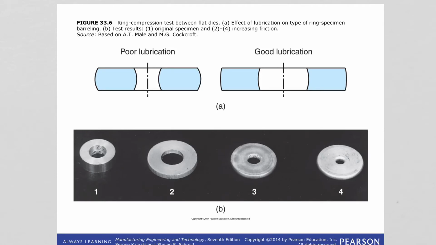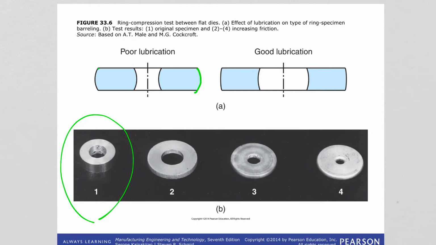So let's see that on the actual images here. The original specimen is shown as number 1, and between two flat dies, we are applying compression to this ring. If you have good lubrication or poor lubrication, you can see the difference in image A. Remember, if there is poor lubrication, you experience barreling.